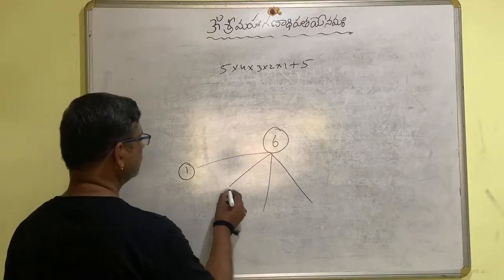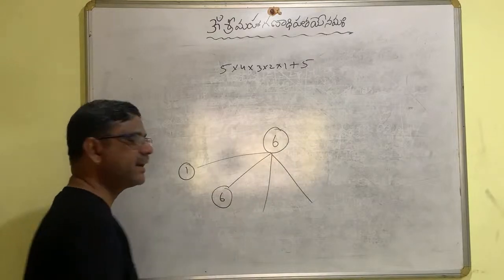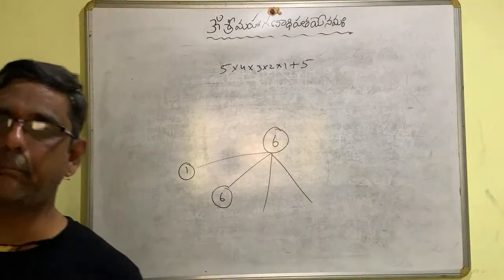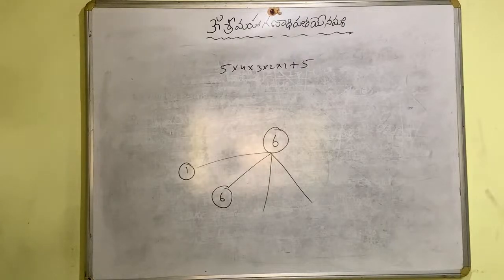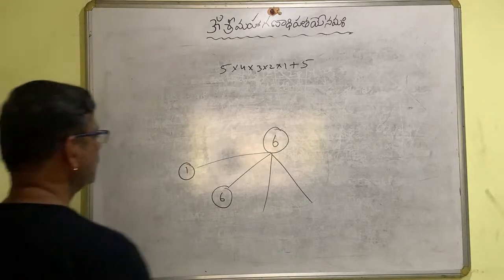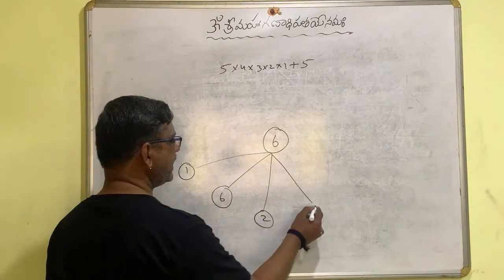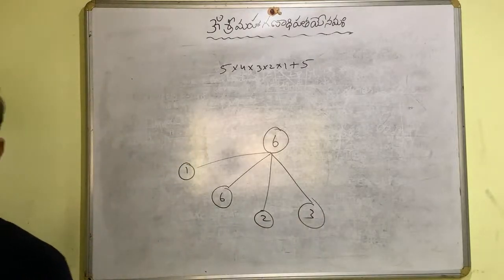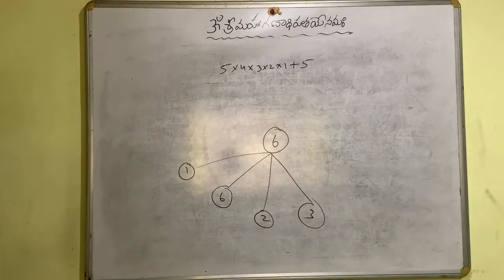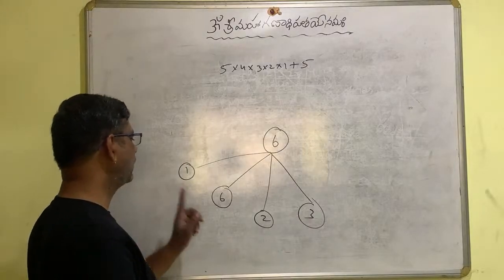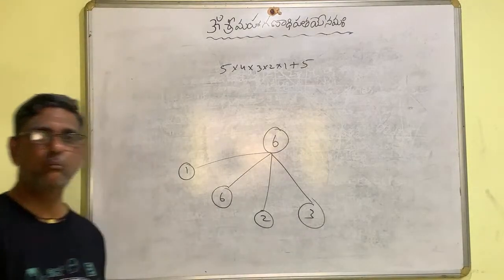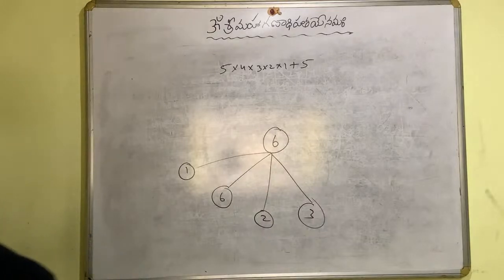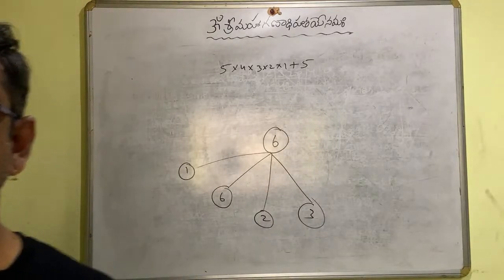Second statement, the number itself is a factor to itself. And 2 is a factor of 6 and 3 is also a factor of 6. Now count how many factors are there? 1, 2, 3, 4. So more than 2 factors. So 6 is a composite number.